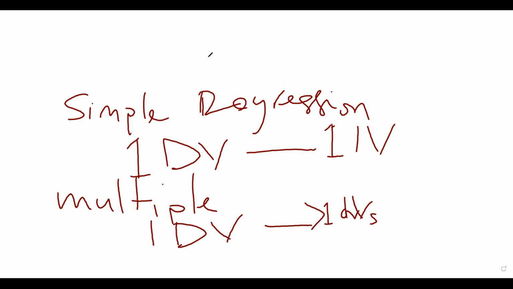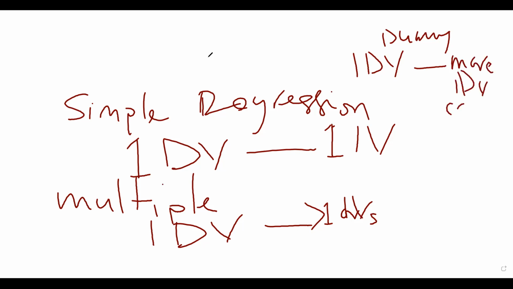Now, dummy variable regression is another one. In dummy variable regression, you have one dependent variable, and then you have more independent variables, but among those independent variables we have categorical variables called dummy variables. And then you have the limited dependent variable regression.